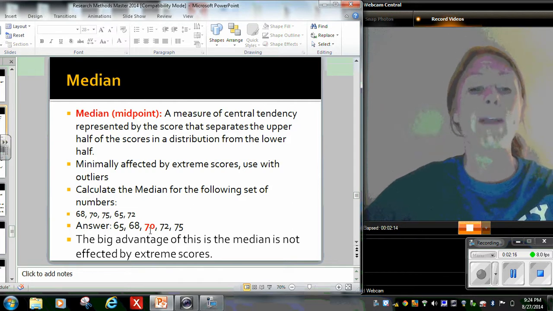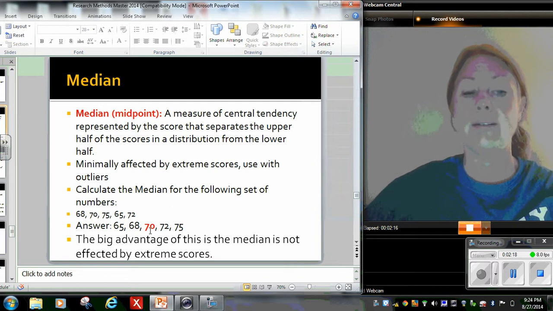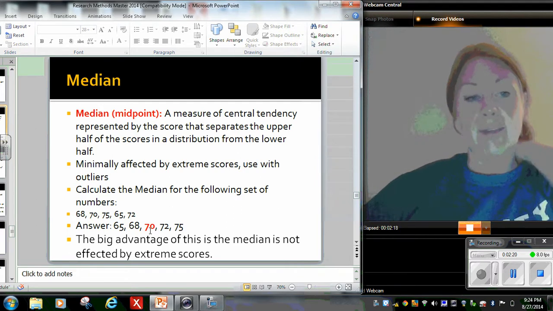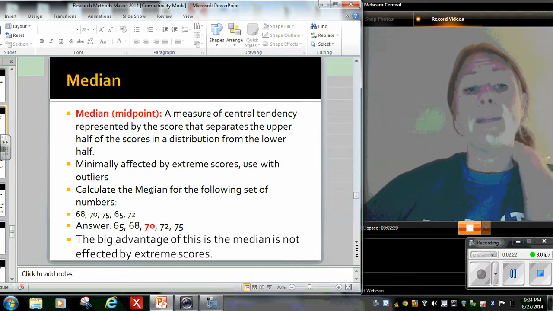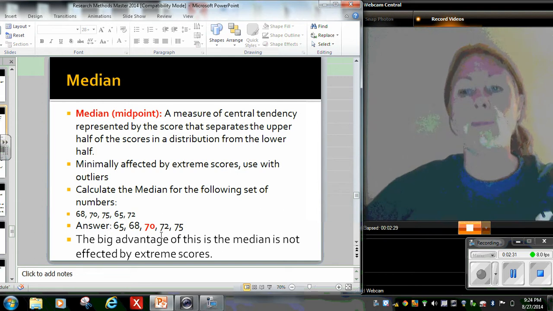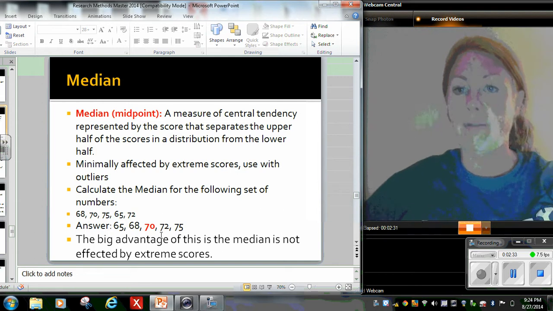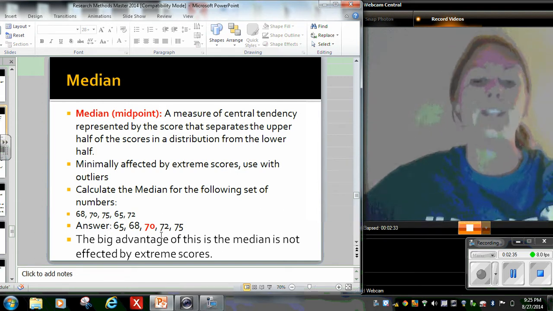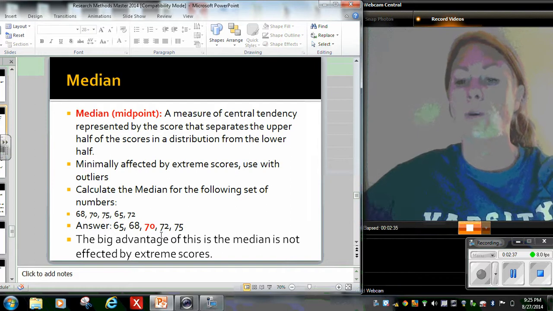Then I'm going to find the midpoint, or the median, right? And in this case, it would be 70. All right. It's minimally affected by the extremes. Okay. If there was a 90 here, that wouldn't really affect it, because it's usually looking at the midpoint of the majority of the scores. The big advantage here is the median is not affected by extreme scores.